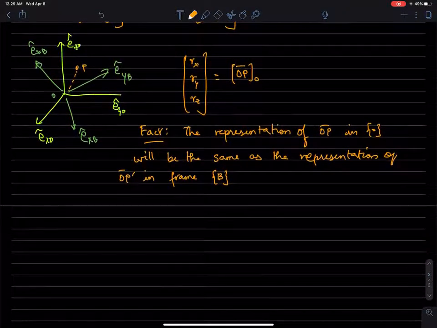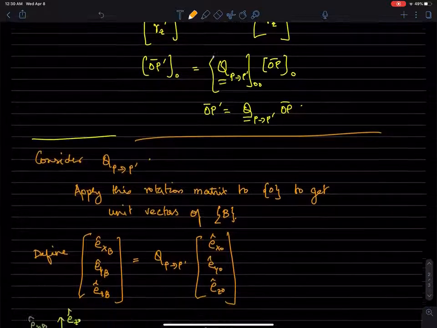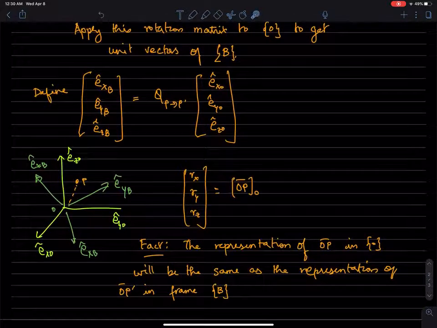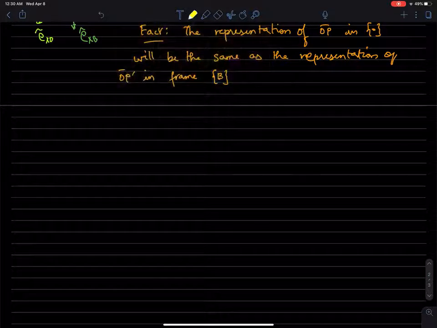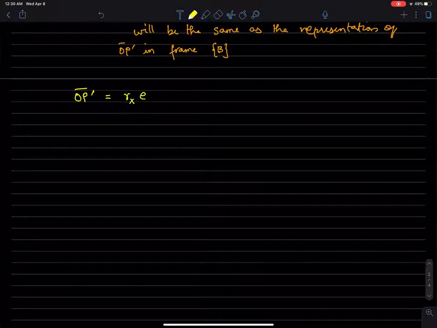Think about why this should be true. It's because of the way B was constructed. So what we have is OP dash, the vector Rx EXB plus Ry EYB plus RZ EZB.